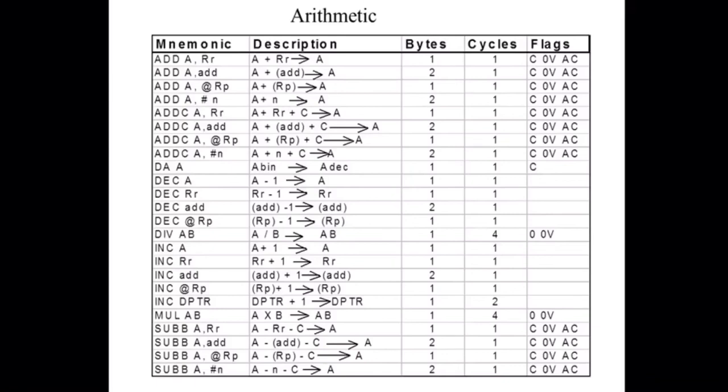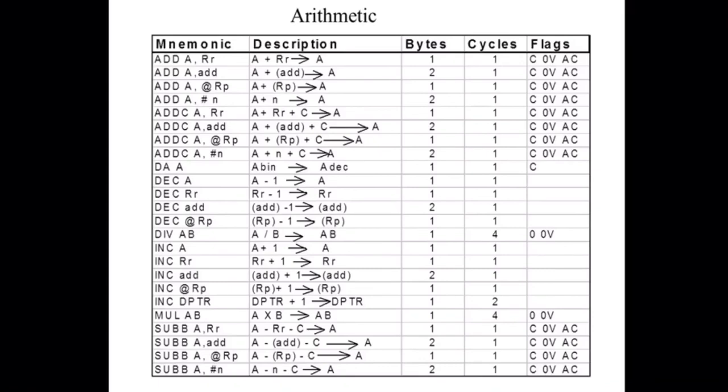So your multiplication and division operations you have to do with only two operands, which are the A and B registers. And the subtraction operation between A and Rr, subtraction with A and an address location value, subtraction between A and a pointer register value, and subtraction between A and a constant value. Your destination should be the accumulator in all these cases.